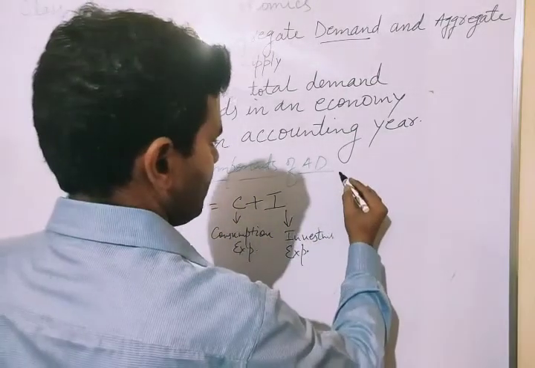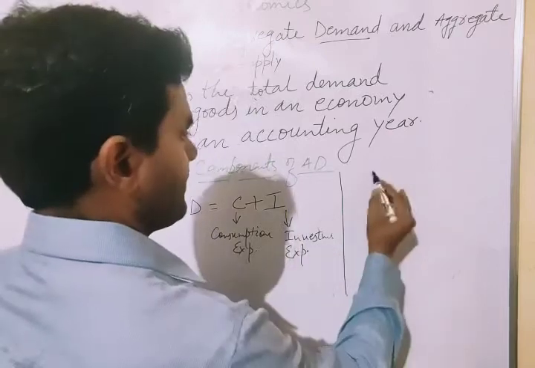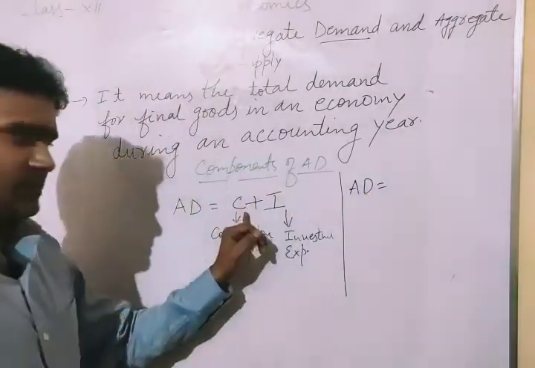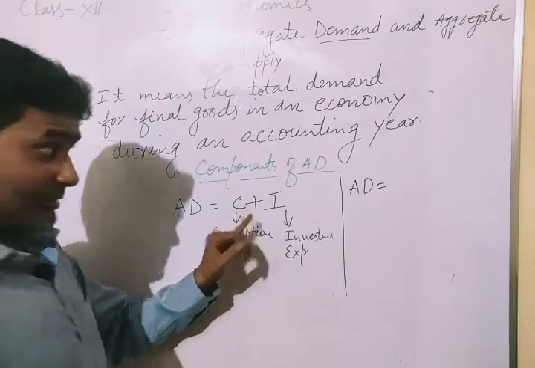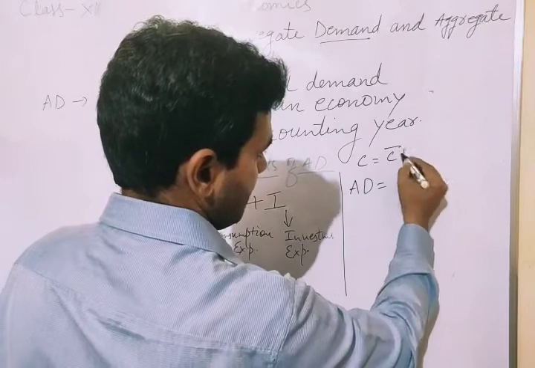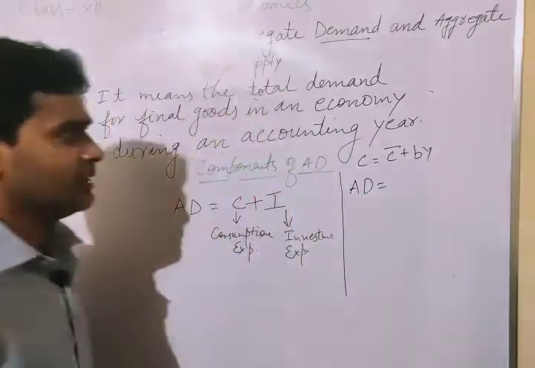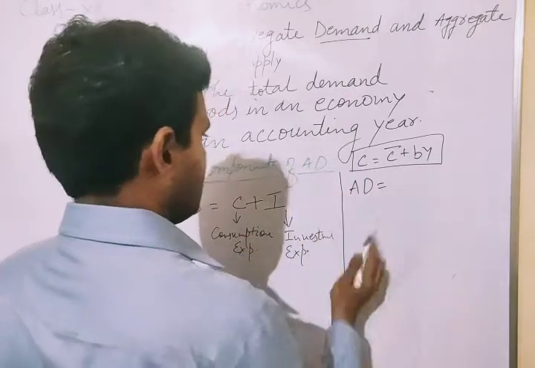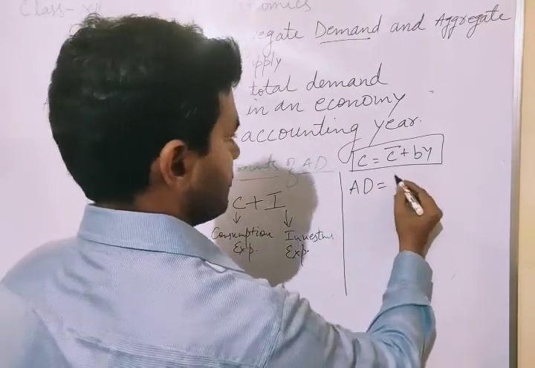If we put together the values, we have studied that the equation of consumption function is C equals C bar plus bY. We substitute this equation in place of C over here.